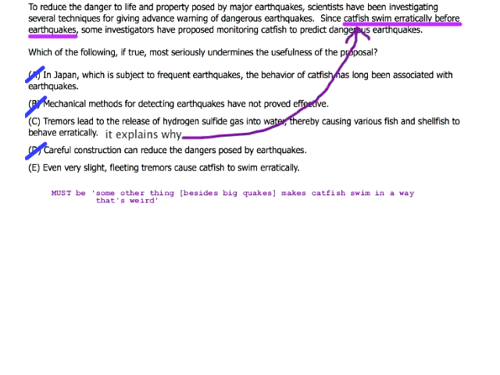C provides us with the science behind why catfish swim erratically before earthquakes. But you know what? We don't care. This doesn't support the argument at all. Because the argument just depends on the fact that there is a correlation. And the argument is totally not affected by why. As long as the correlation is real, we just don't care. We only care that the correlation exists, not why.